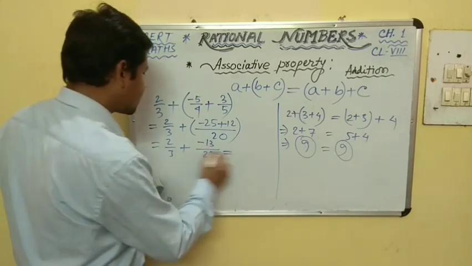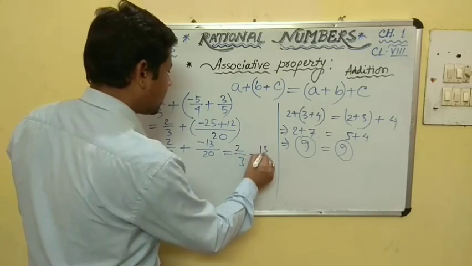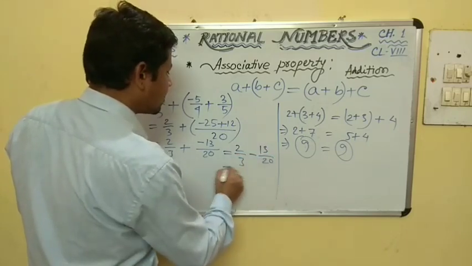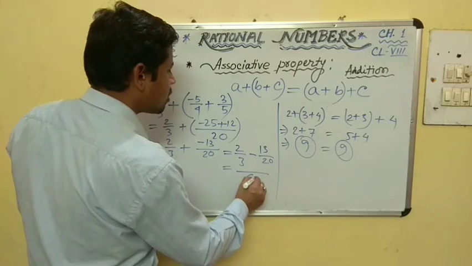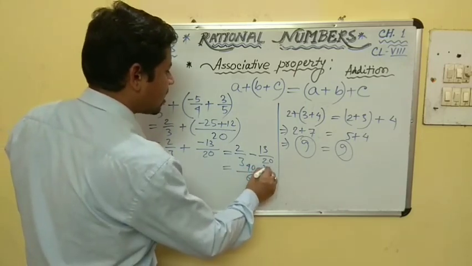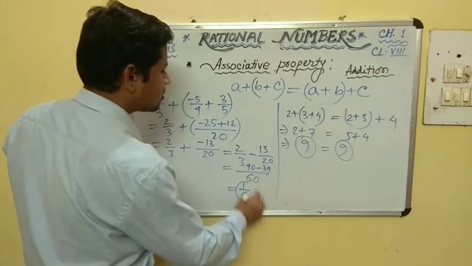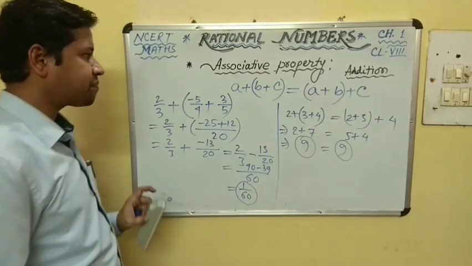So 2 by 3 plus minus 13 by 20, the LCM is 60, 40 minus 39, so it will become 1 upon 60.